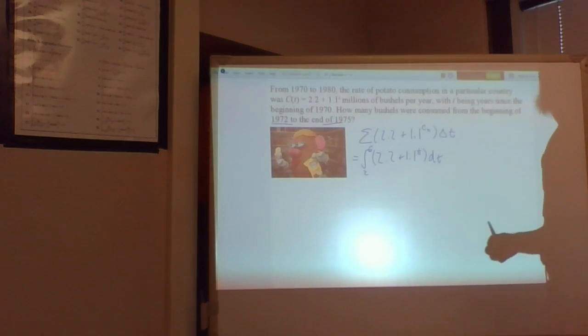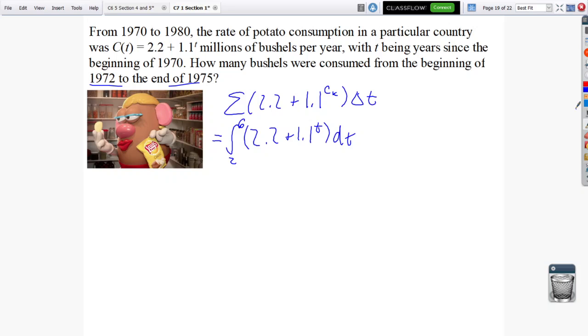Now here is where we run into what strategy should we use for this problem. If I wanted to do this by hand, I would have to integrate 2.2 by hand. I would have to integrate 1.1 to the t by hand. If I wanted to use the fundamental theorem of calculus, this is going to be 2.2t plus 1.1 to the t divided by ln of 1.1, from 2 to 6.